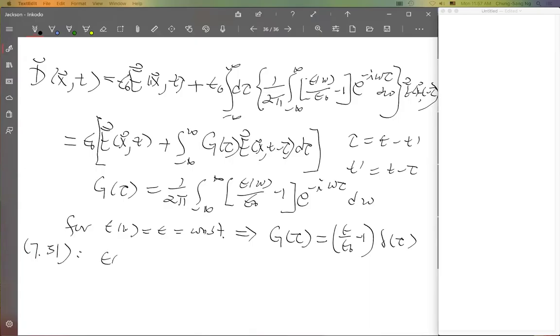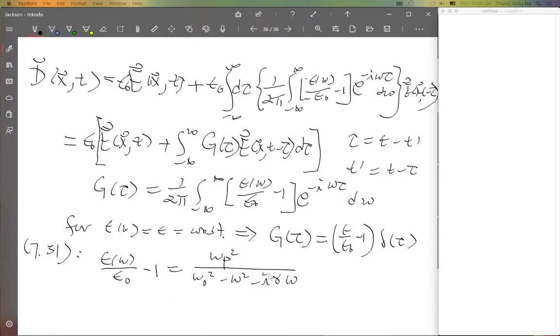Then after the derivation, epsilon over epsilon 0 minus 1 is omega p squared over omega 0 squared minus omega squared minus i omega gamma, where gamma is the damping rate for the oscillator. So that's what we got before.